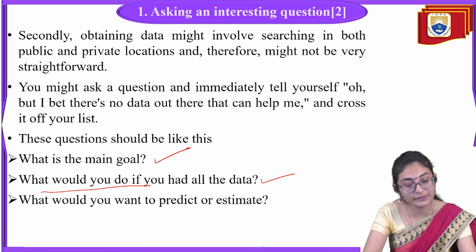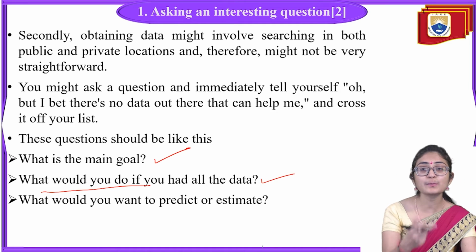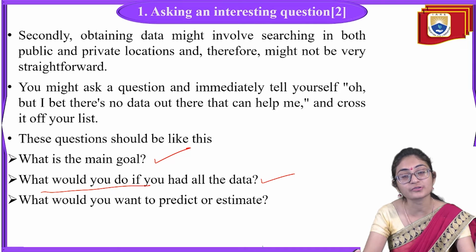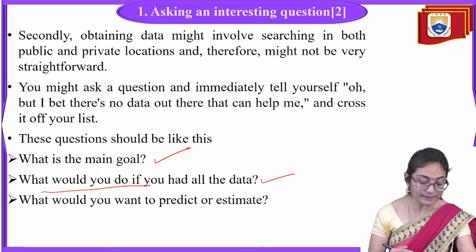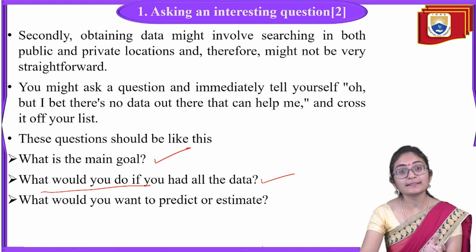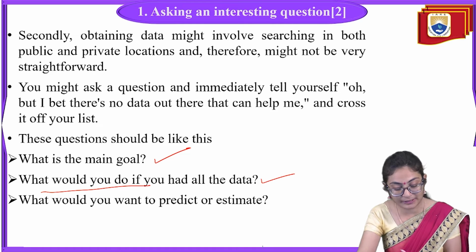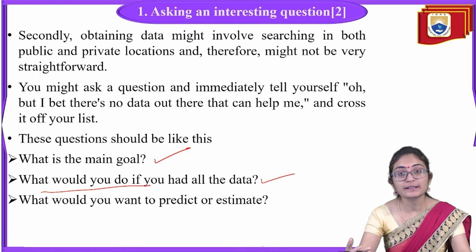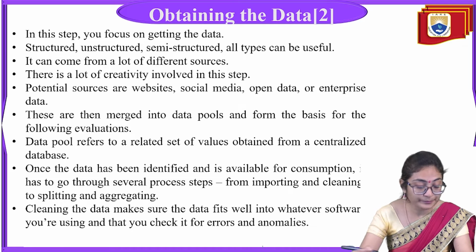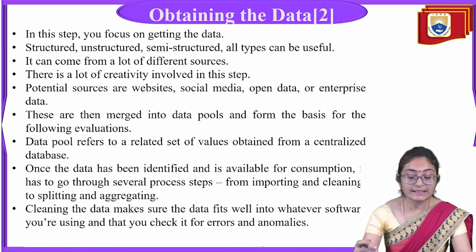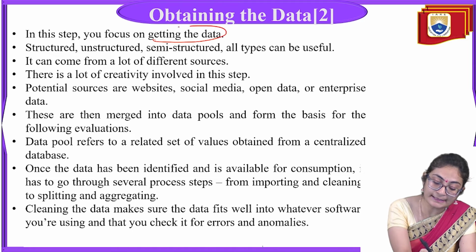If all types of data are available, then definitely you will pre-process and find some structured, important data. Then on that basis, you have to think about what you will predict and what you will estimate. Then the second one is obtaining the data. Mostly this step focuses on getting the data.